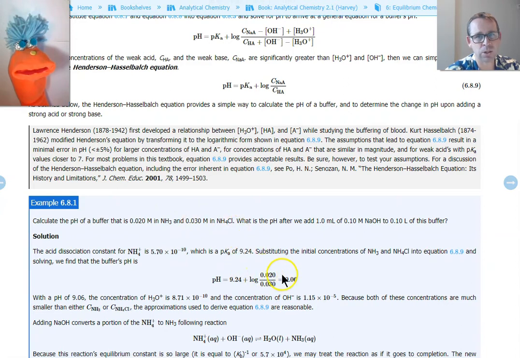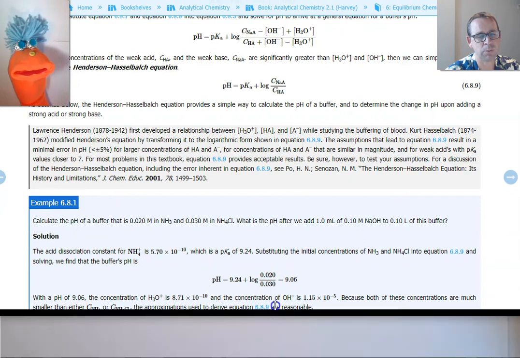NH3 is our dissociated form, without the proton, and this one, 0.03, is the associated form with the proton.